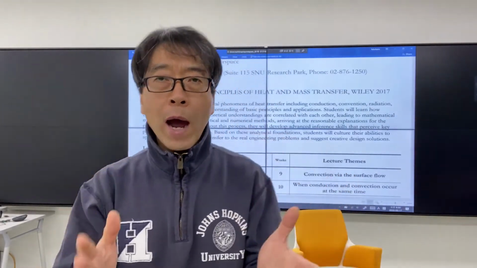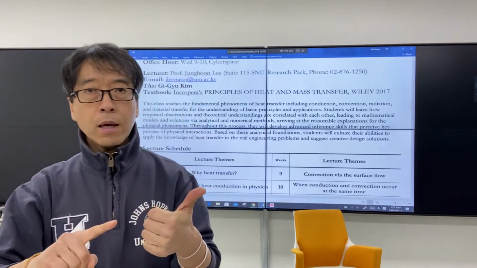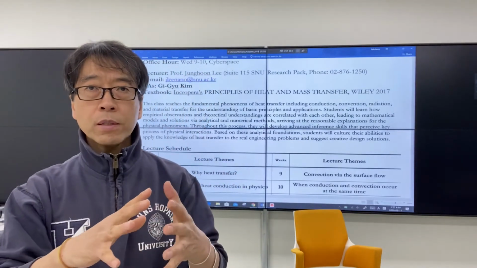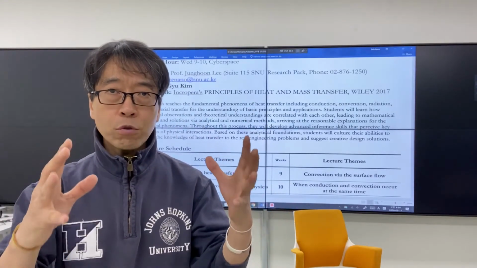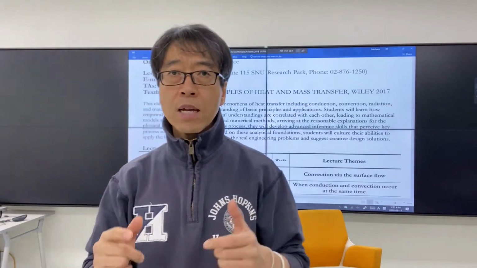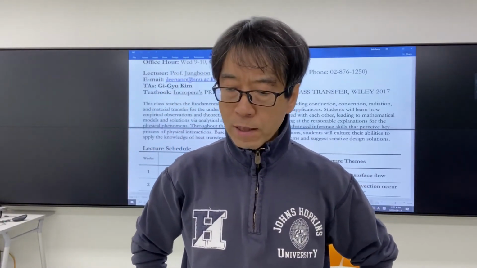You have to understand the physics, and you have to be able to explain why such phenomena happen. So modeling and mathematical tools, they're just the tools, okay? The real important thing you need to learn throughout this process is the understanding of physics. Okay, so we're gonna learn all these things throughout the whole course.